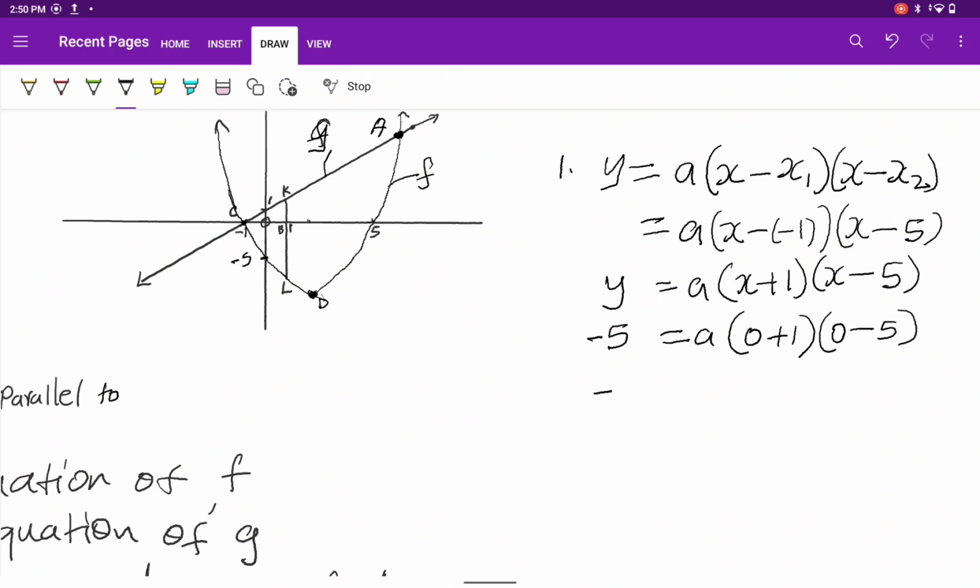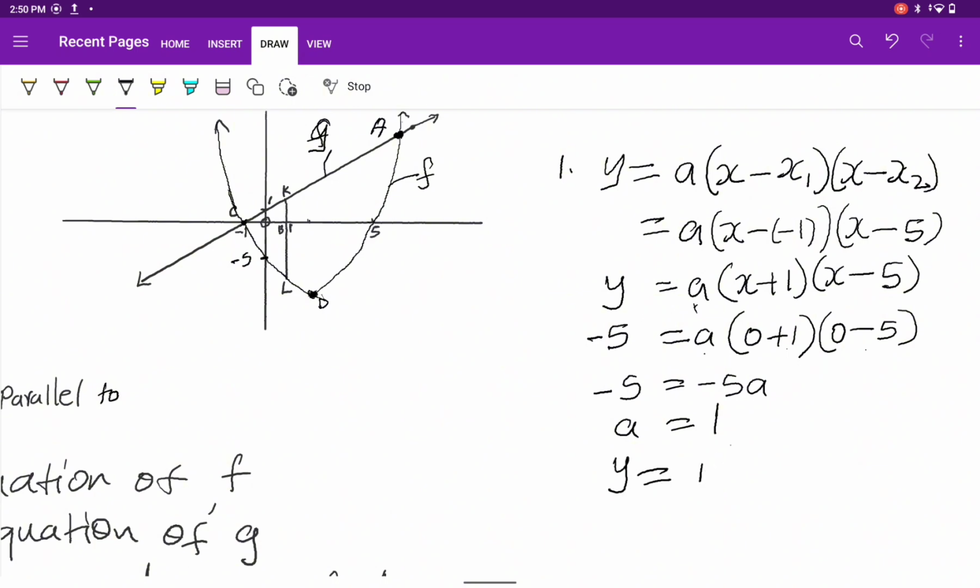This is 1 multiplied by -5, which is -5, and then -5 times a is -5a. Dividing both sides by -5, we get the value of a to be 1. Now we know the value of a, we can substitute it into the equation.